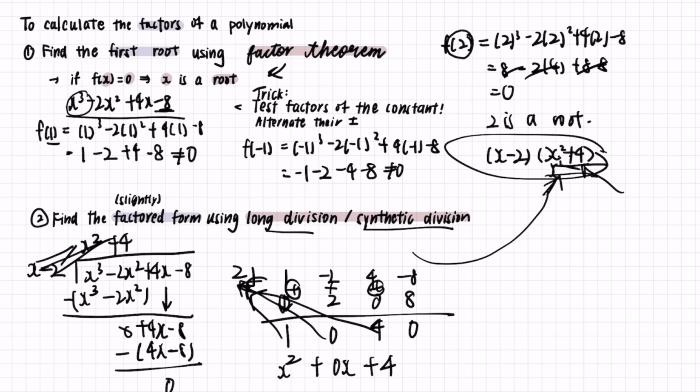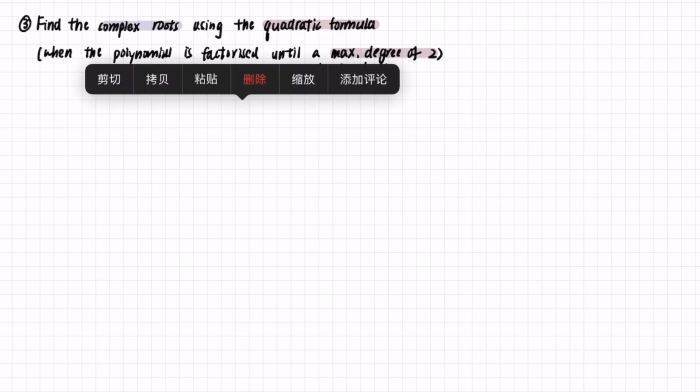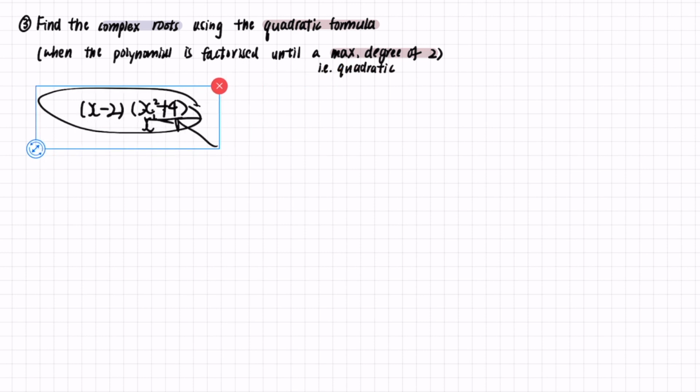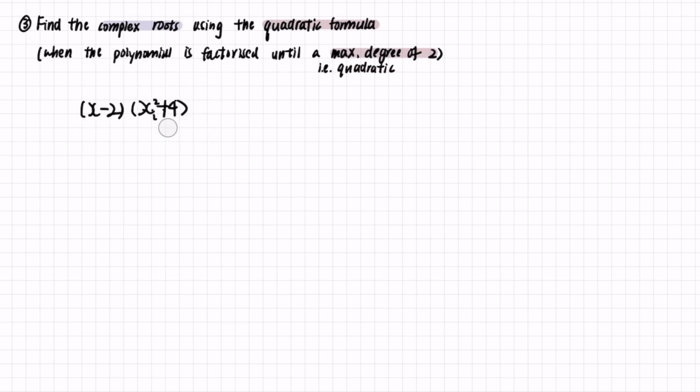So now, the last step, we copy this. Then we find a complex root using the quadratic formula. So you check whether it contains complex roots or not.